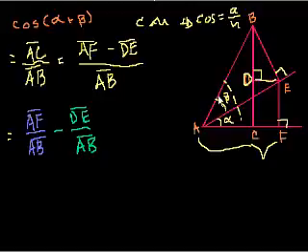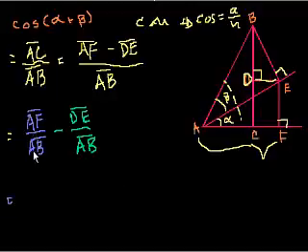minus DE over AB. And those are kind of nonsensical ratios to me. Wouldn't it be great if we could express it somehow as AF over AE? Because then we could say, well, that's cosine of alpha, and do something from there. Well, let's try. So let's rewrite this first expression. I'll switch back to the purple just so you know where this first expression is coming from.